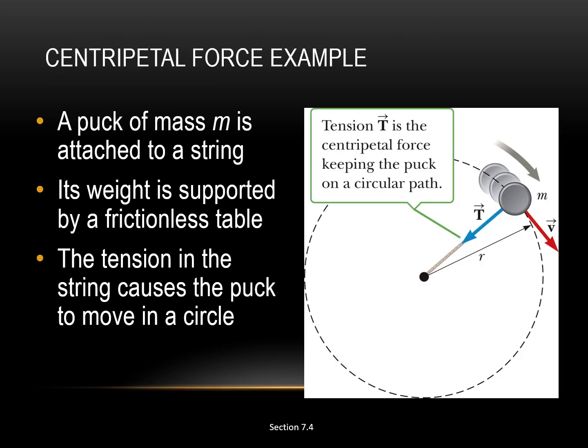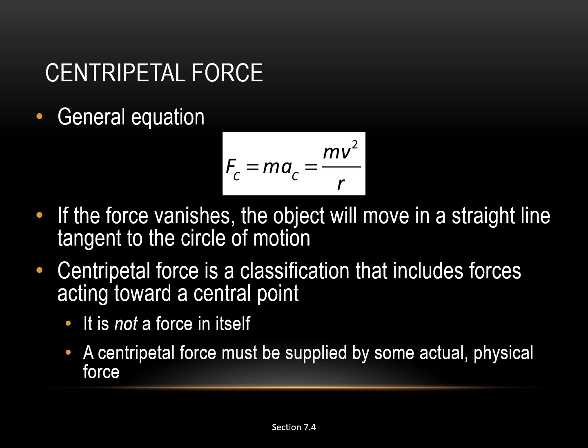Here is the centripetal force example. A puck of mass m is attached to a string and its weight is supported by a frictionless table. Then the tension in the string causes the puck to move in a circle. Here is the general equation for centripetal force. If the force vanishes, the object will move in a straight line tangent to the circle of motion.